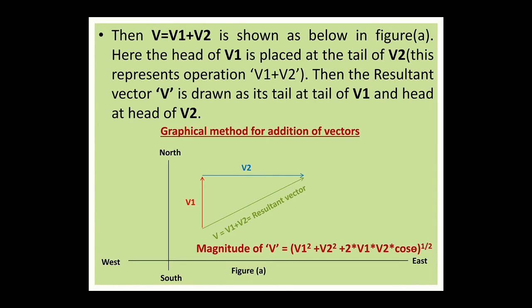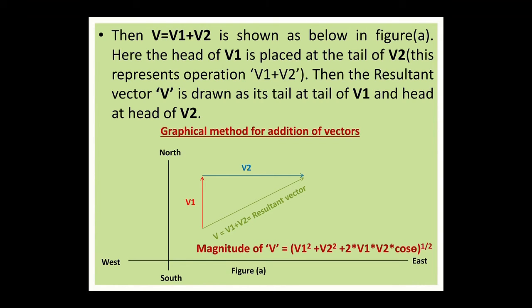Now you have to draw your resultant vector, that is v. The resultant vector is the vector having its tail at the tail of v1 and its head at the head of v2. So you can simply see here that this green arrow has its tail at the tail of the red arrow which is representing v1.